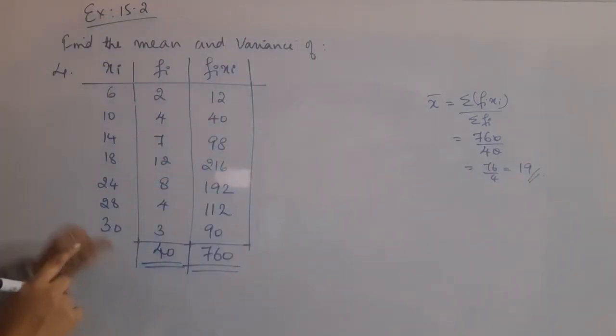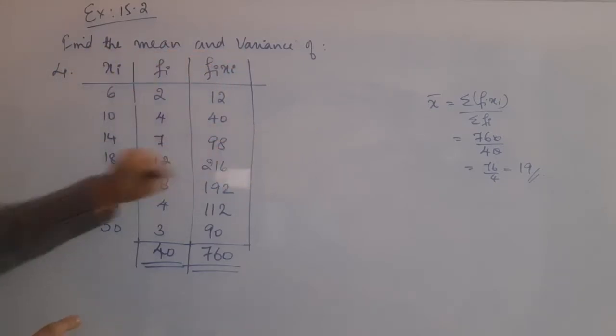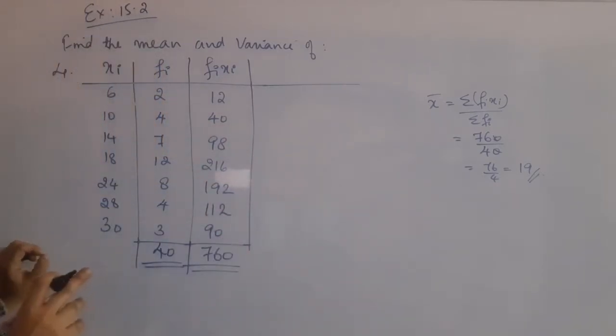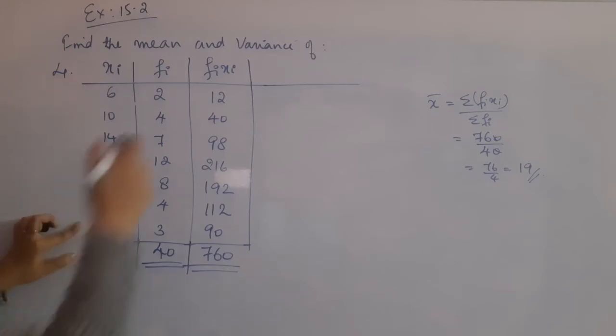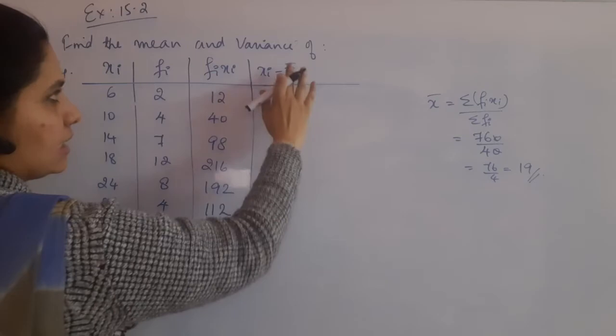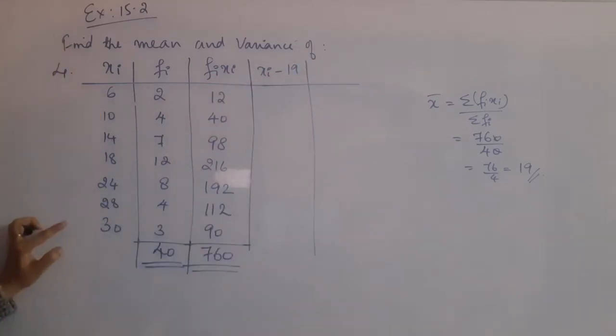Now next purpose is to find out variance. Now since we have found out X bar, we will use the concept of taking the deviations from X bar, the values of these. We will find out that deviation, that is Xi minus X bar. Here X bar is 19, that means I can replace X bar with 19. So what was the formula for sigma square?